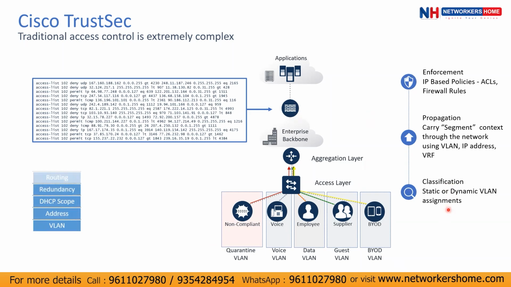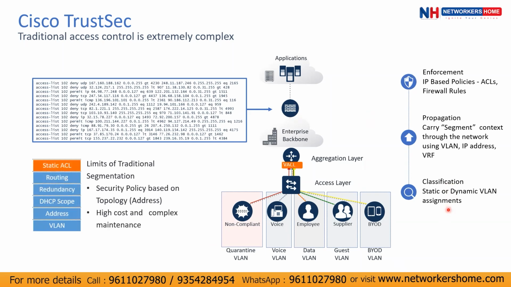As I told you in the initial slide, classification is really important, because based on the classification itself, you can assign the correct identity to the correct user, right? It could be static or it could be dynamic.